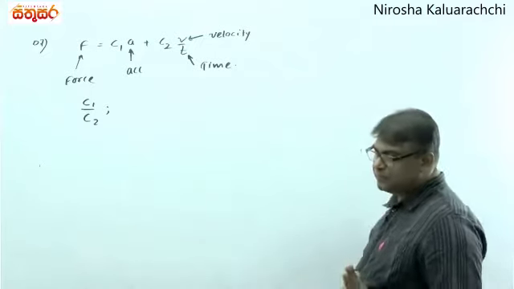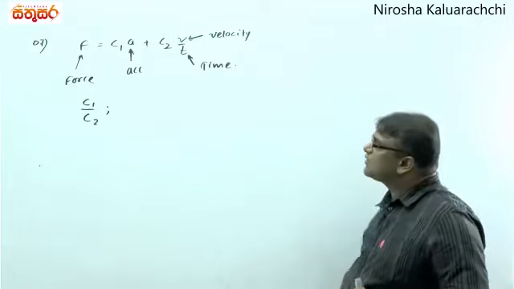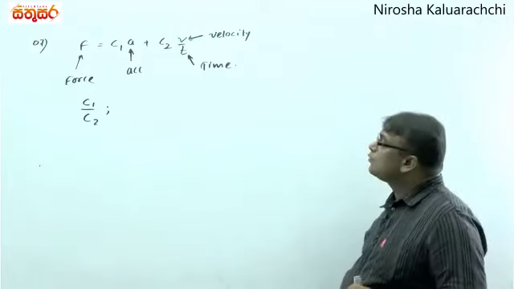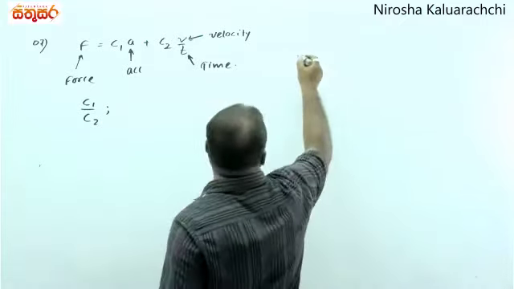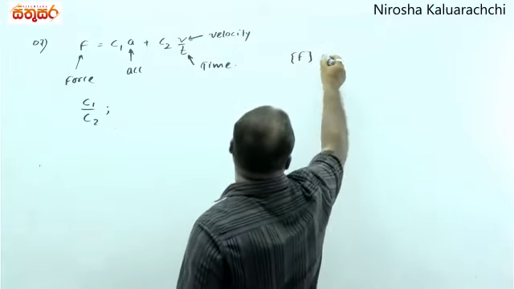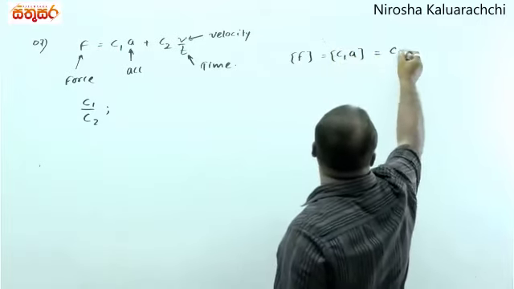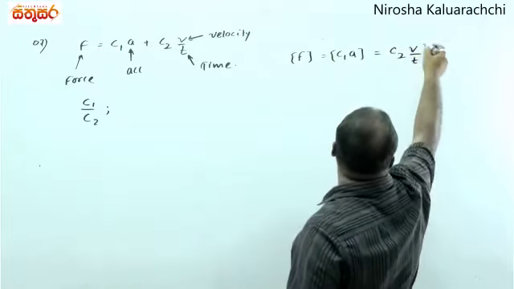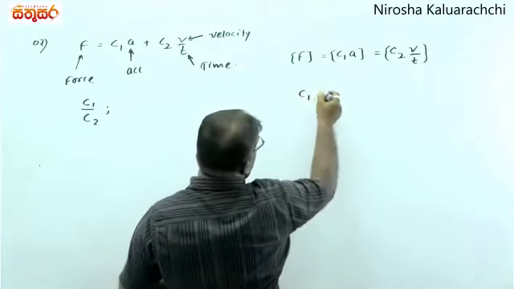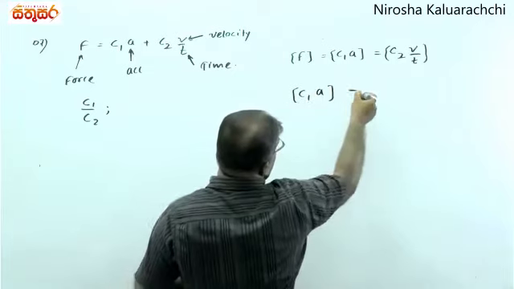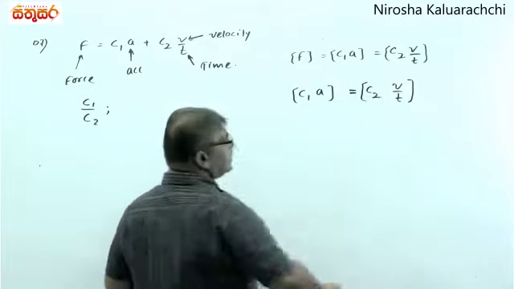Okay, finished. Right. F equals C1 A plus C2 V over T, right? Then dimensionally F is similar with C1 A, and C2 V over T; they are similar. Then you can say this and this have similar dimension: C1 A equates to C2 V over T. Let's see the rule.